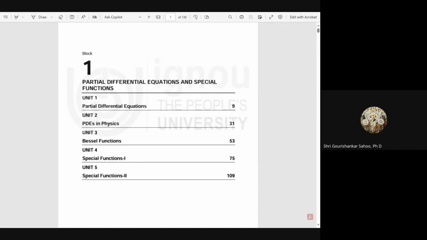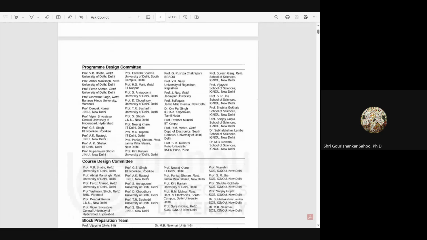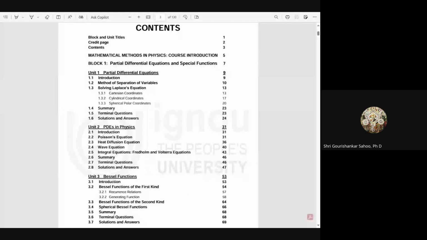Partial differential equations can be solved using the separation of variables method, and the Laplace equation can be solved in Cartesian coordinates, cylindrical coordinates, and spherical polar coordinates, and it is independent of the coordinate system.